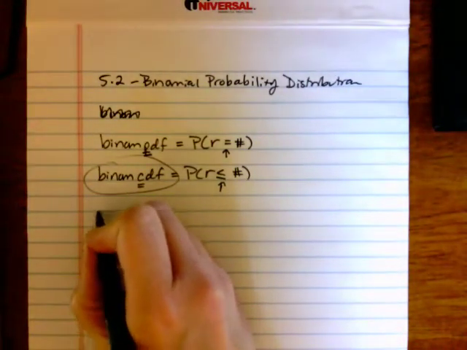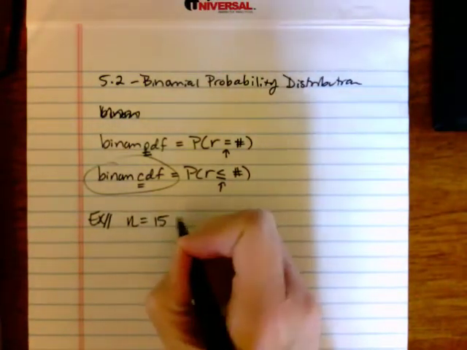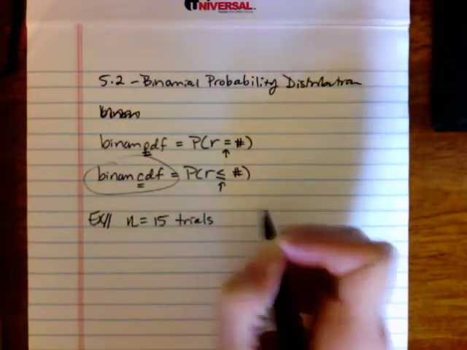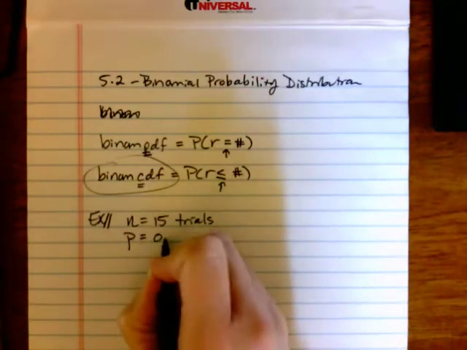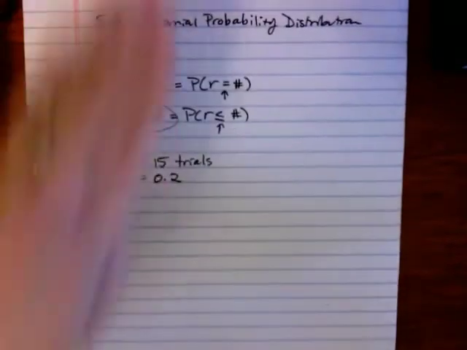So for example, let's say we have a scenario where we have 15 trials. Let's say our probability of success on any given trial is 0.2 or 20%.